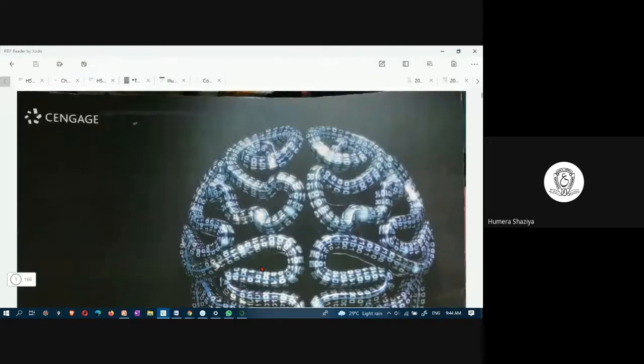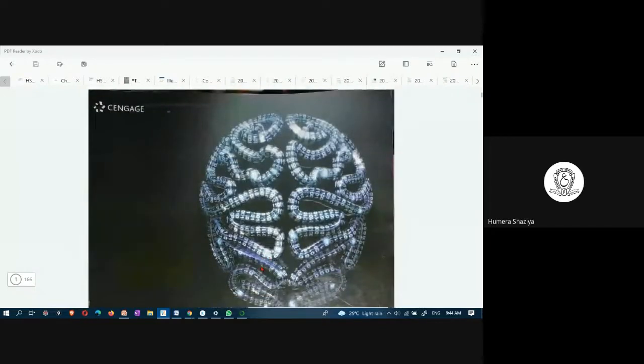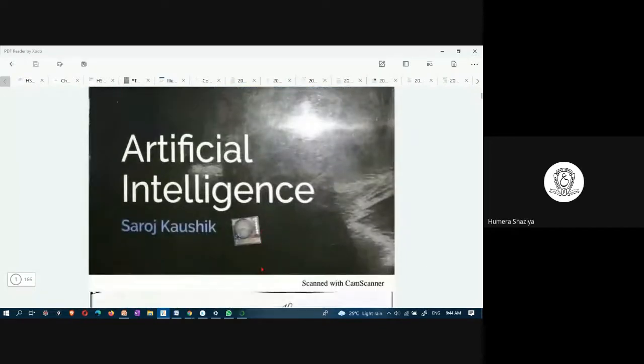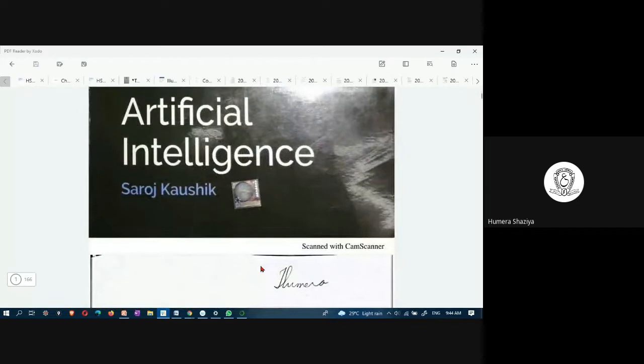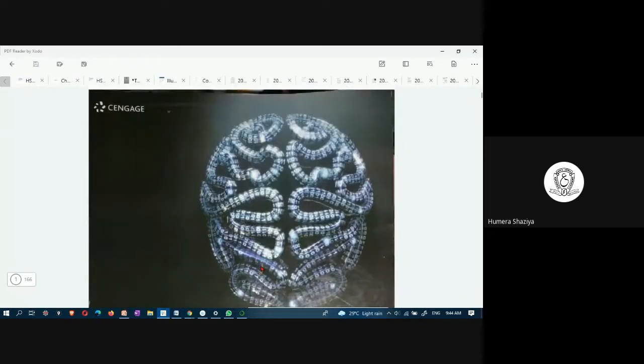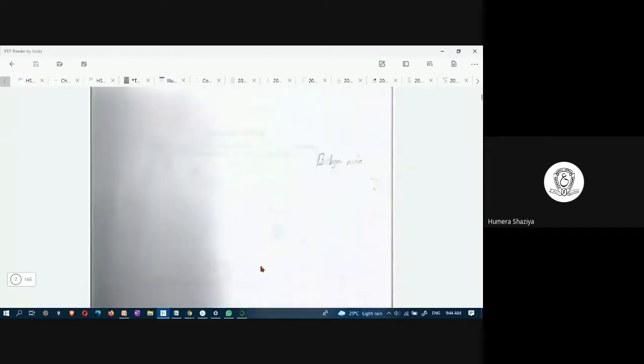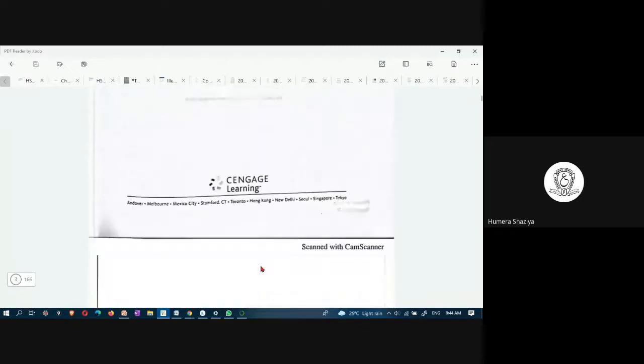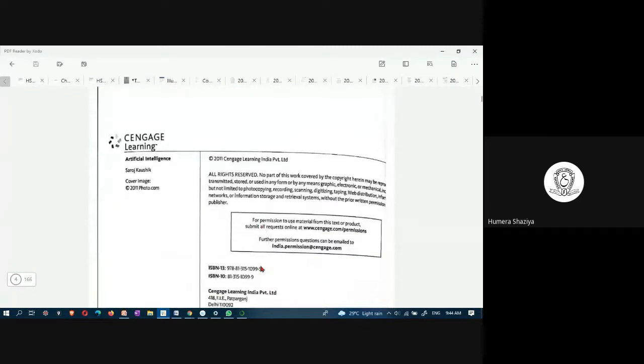This is the textbook: Artificial Intelligence by Saroj Kaushik, Cengage Publications, 2011 edition.